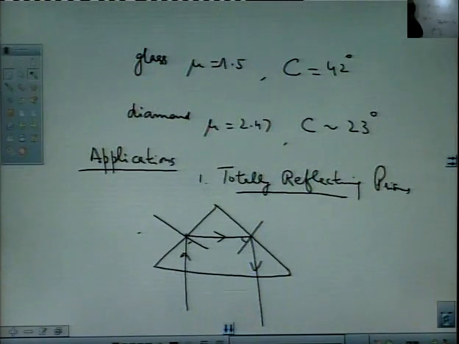This happens like this, reflection is taking place in this prism. So, such prisms are called totally reflecting prisms, which are preferred to mirrors in certain instruments because there is no loss of light. They are very important.